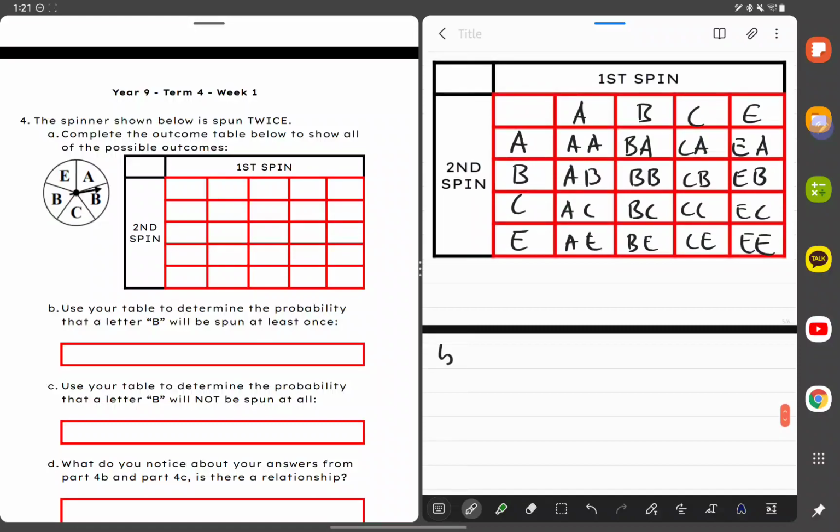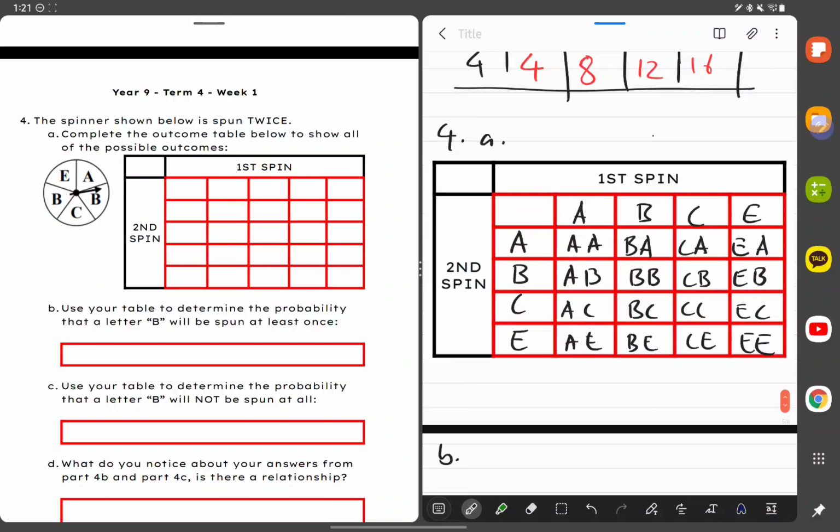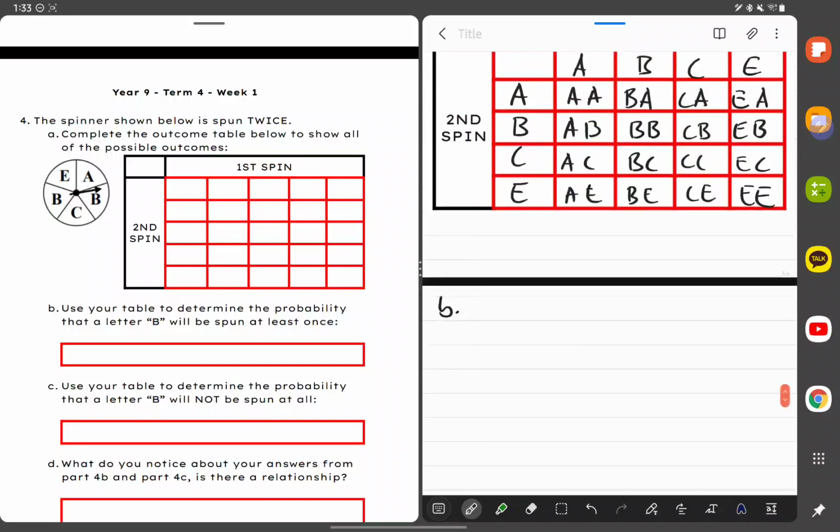Carrying on. This was A actually. I didn't say that. B, use your table to determine the probability that a letter B will be spun at least once. At least once. All right. Okay.